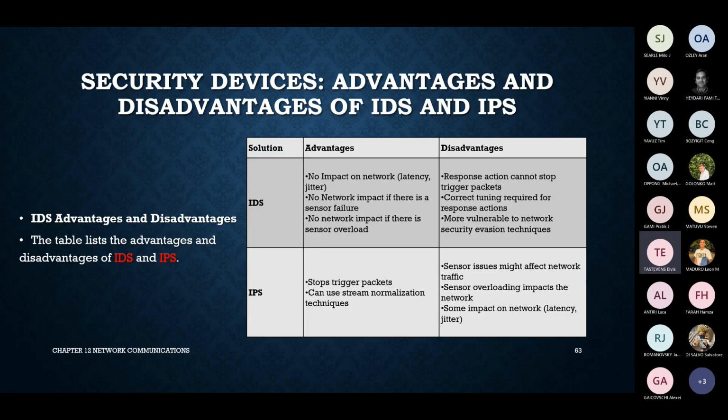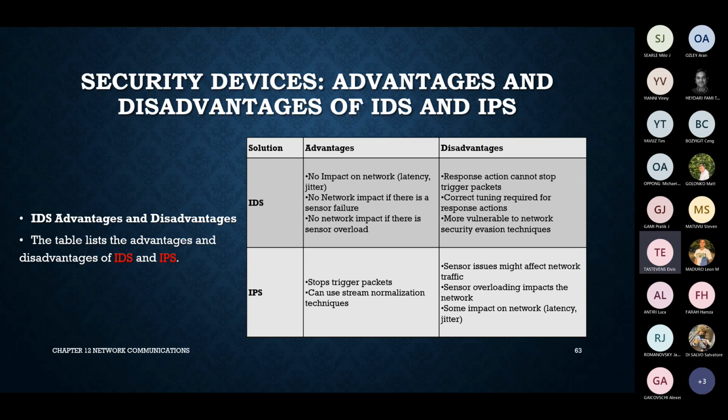Yeah, so there are advantages and disadvantages to both of them. The advantage of the IDS is there's no impact on the network: no latency, no jitter. Also, no network impact if there is a sensor failure, and no network impact if there is a sensor overload.